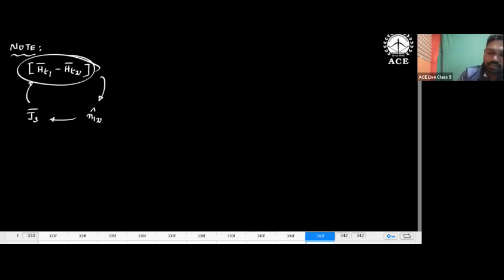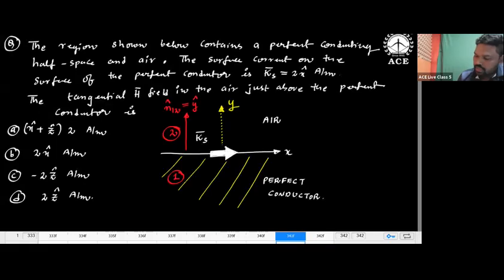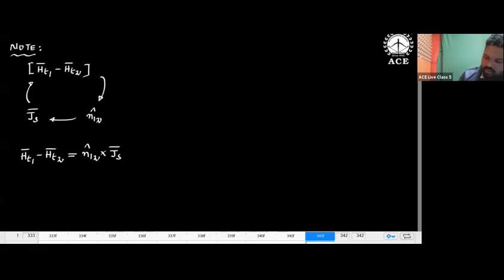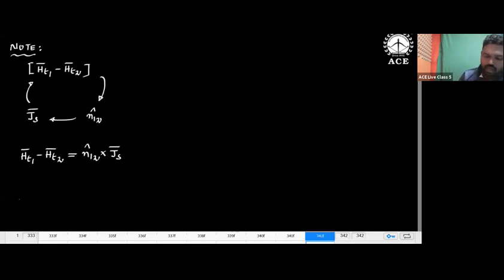So I should take HT1 minus HT2 is equal to N12 cross JS. What is required here? Field in medium 2, isn't it? And one more thing: field in medium 1 will be 0 because it is a perfect conductor. All fields are 0 inside the perfect conductor. So here it is 0.